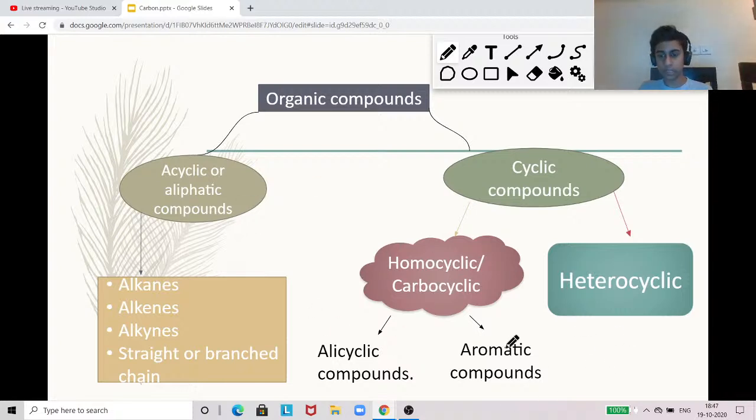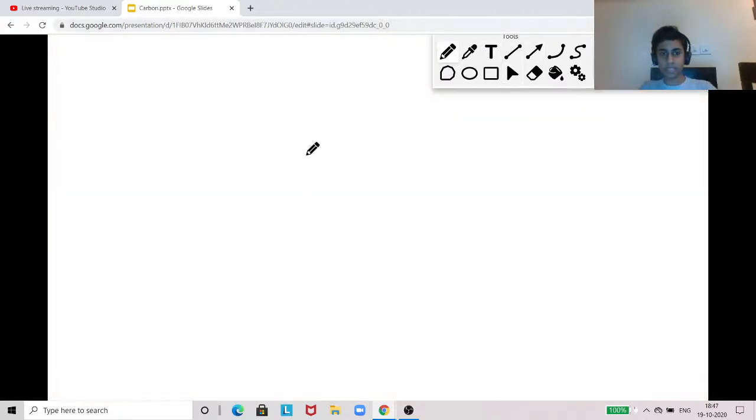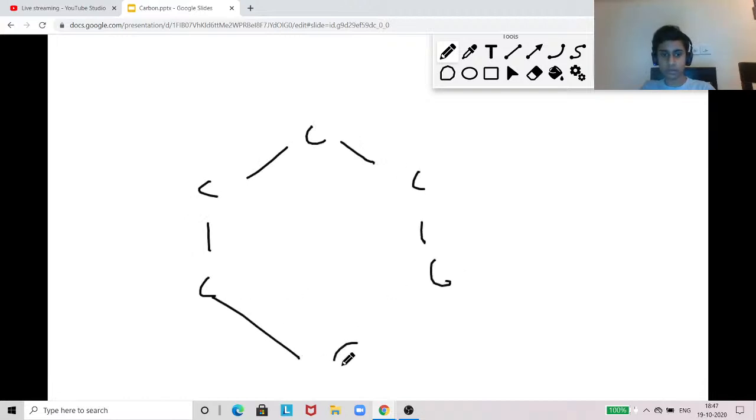There are various compounds. Heterocyclic is, let's say we have benzene. Let's just draw benzene like this. There are double bonds and single bonds alternating, and all are hydrogens.